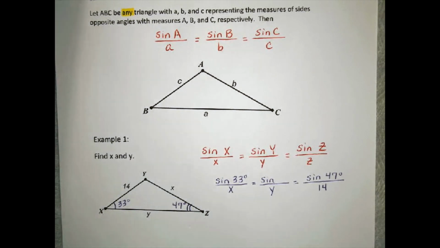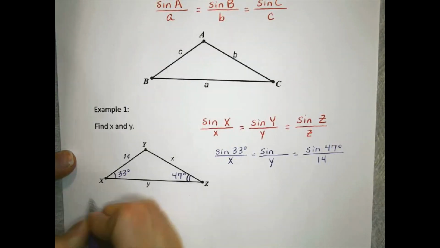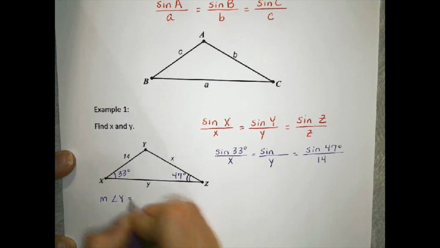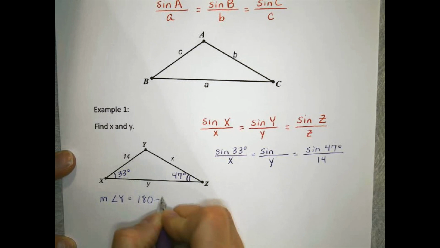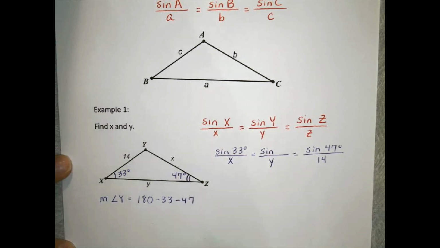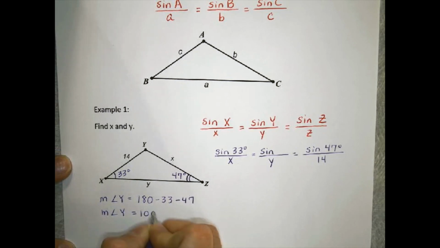The easiest thing to find first would be angle Y. If I know two angles of a triangle, I can subtract from 180 to find the third angle. So in this particular case, the measure of angle Y will equal 180 minus 33 minus 47. Therefore, the measure of angle Y equals 100 degrees.